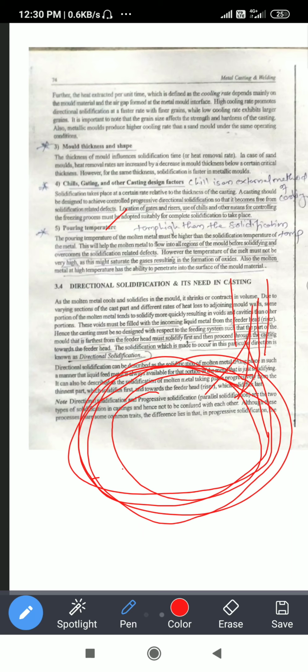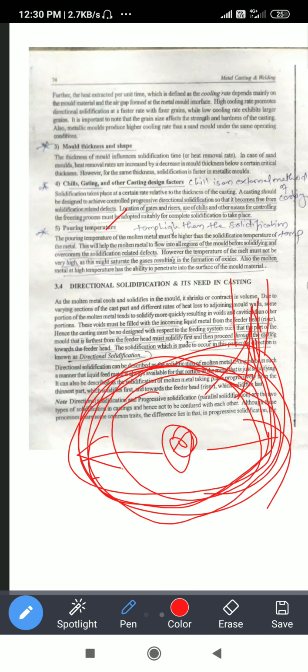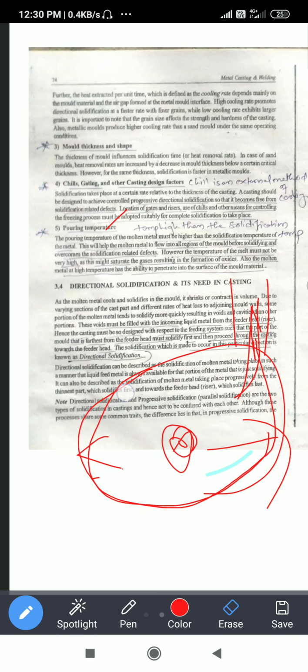If the solidification starts from the middle and goes in this direction, what happens at that moment? Whenever the shrinkage is occurring over here, the liquid metal in the feeder also starts to solidify, and it doesn't supply the required amount of molten metal to the casting, and finally the casting gets a shrinkage defect.